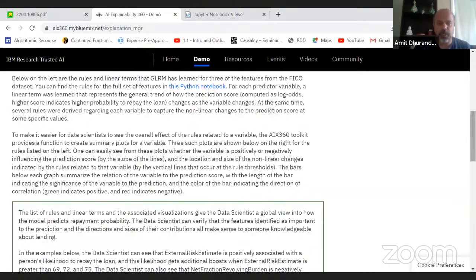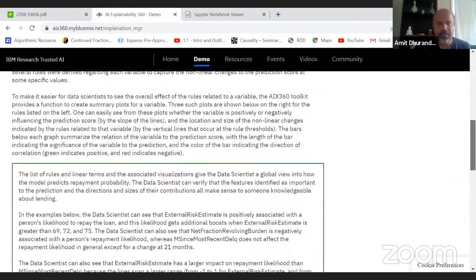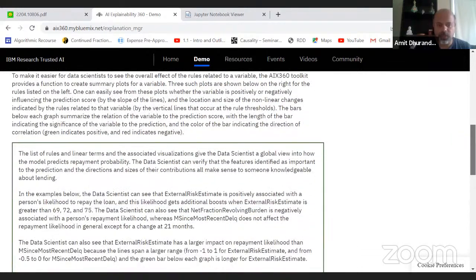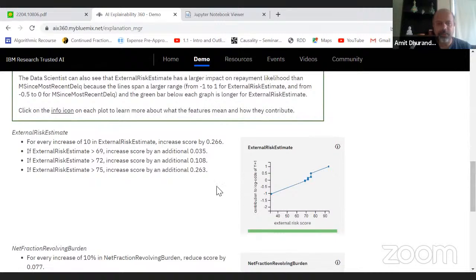If you train a directly interpretable model, like in this case a rule-based model, I won't go too much into detail about the training, but it will give you these kinds of outputs. It'll have some accuracy, but it'll say, for example, this external risk estimate, which is like a credit score. It is saying that for every increase of 10 in this external risk estimate, increase the score by this.